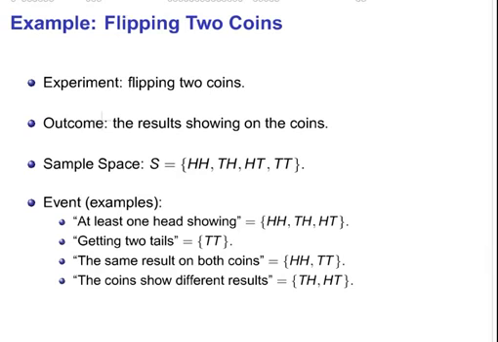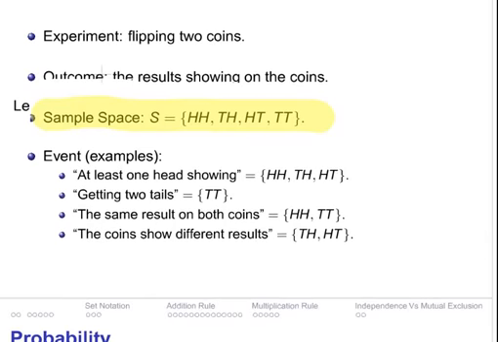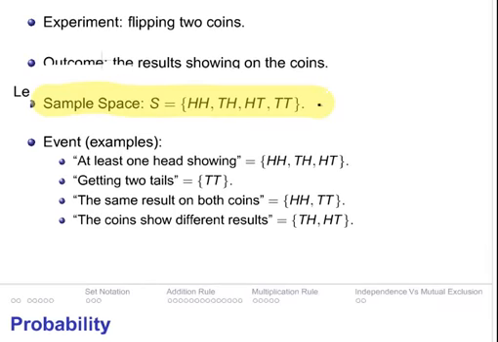Okay, so an example of an experiment is flipping 2 coins. The outcome is the results shown on the coins. The sample space is S equals all the possible outcomes we can get when we do the coin toss twice: heads-heads, heads-tails, tails-heads, tails-tails. Here are some examples of events, and these are all subsets of this.